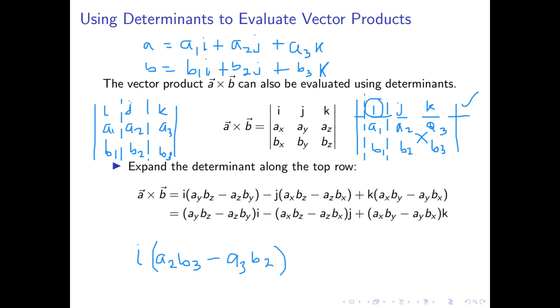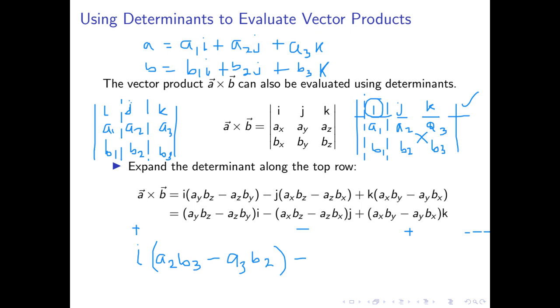The sign is usually plus, minus, plus, and so on. So the next will also be minus, and so on. So that's why we have a negative. It's a standard way of doing it.